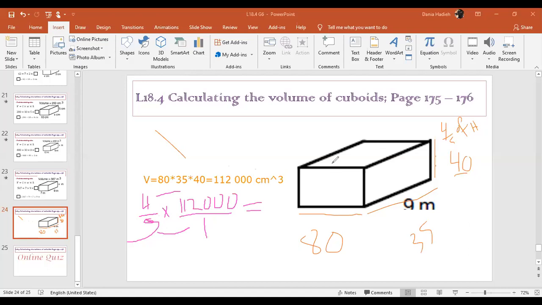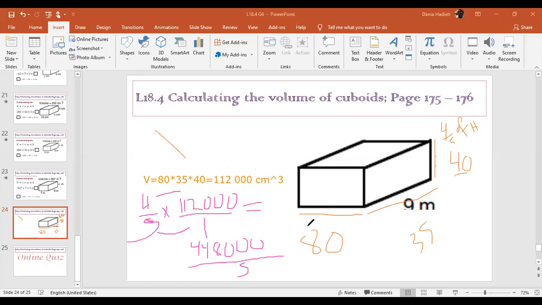So 112,000 times 4, if I use the calculator, is going to give me 448,000. So I'm going to write here 448,000 over what? 5 times 1, 5. Then I will divide.